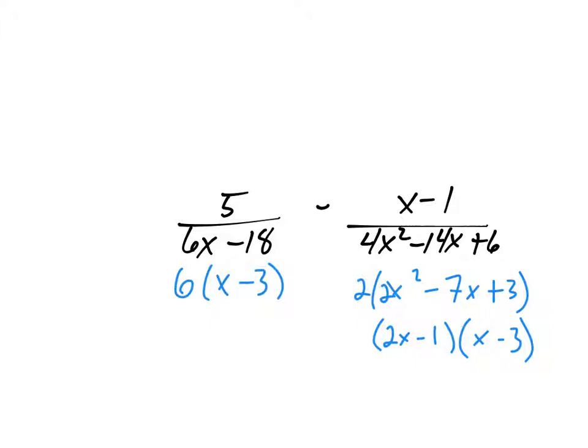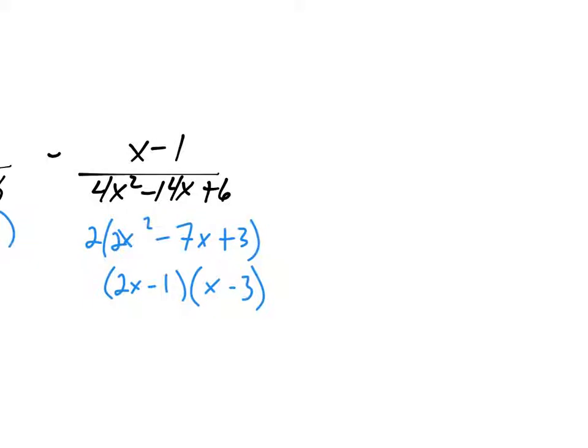But if you don't remember that stuff, then you run into the t-chart, right? So the t-chart says that it has to multiply together to give you 6 and add together to give you negative 7, which turns out to be negative 6 and negative 1. And so you get 2x squared minus 6x minus x plus 3.